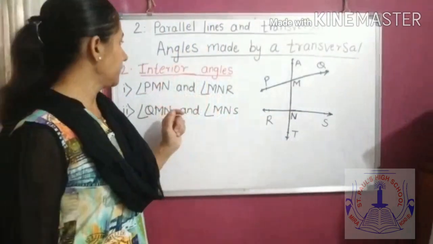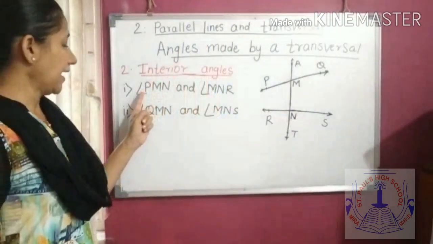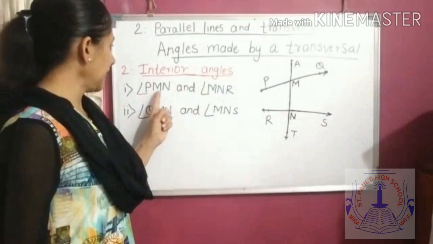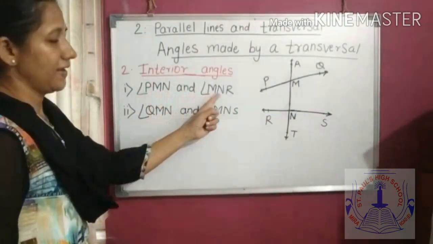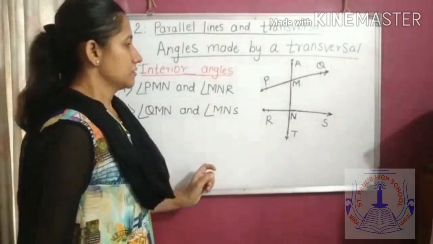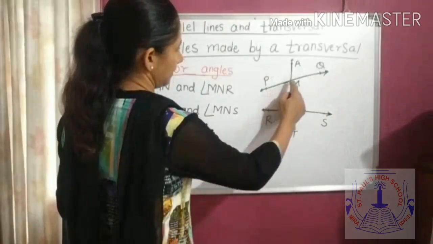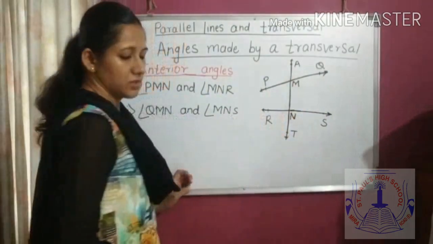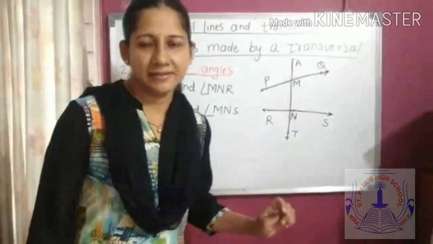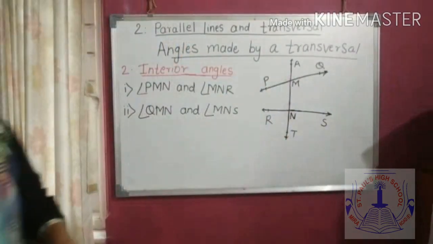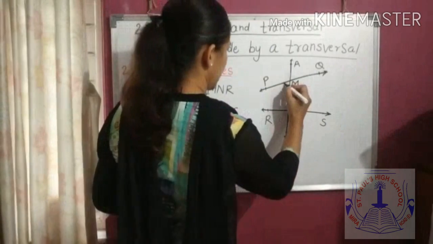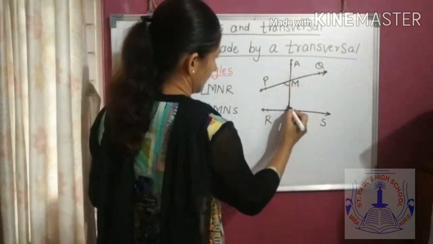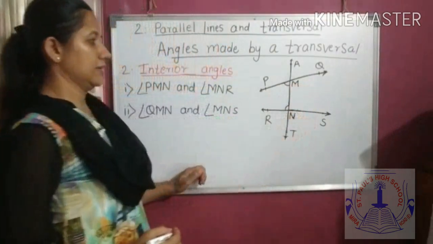Now the first pair is angle PMN and angle MNR. So angle PMN and angle MNR is one of the pairs of interior angles.